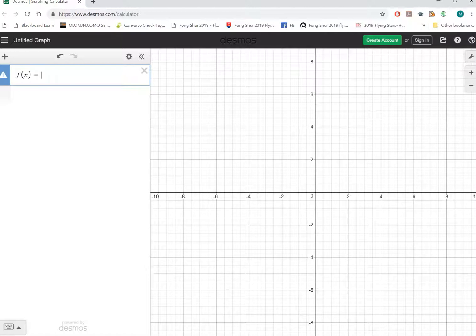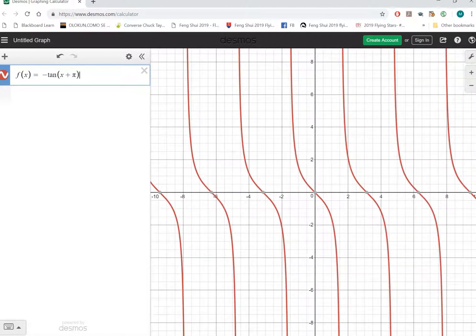Okay, number 39. So for 39, you have the negative of tan parentheses x plus pi. Remember, tan runs between 2 asymptotes, and they are generally negative pi over 2 and positive pi over 2, where you input bx plus c in the middle and you solve accordingly.